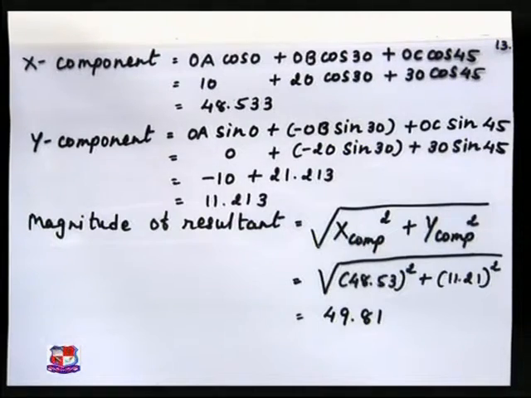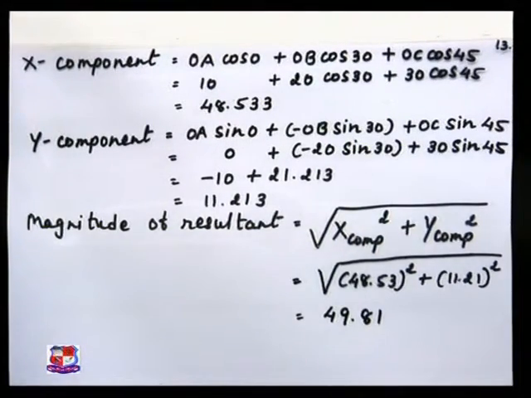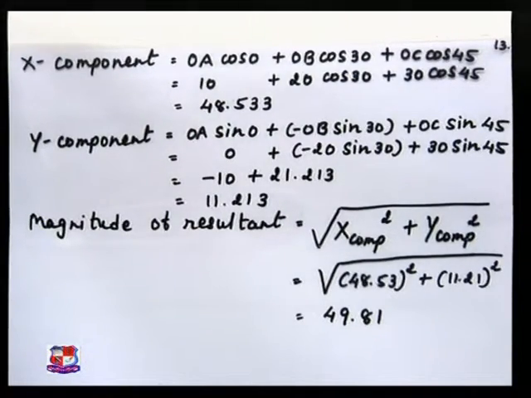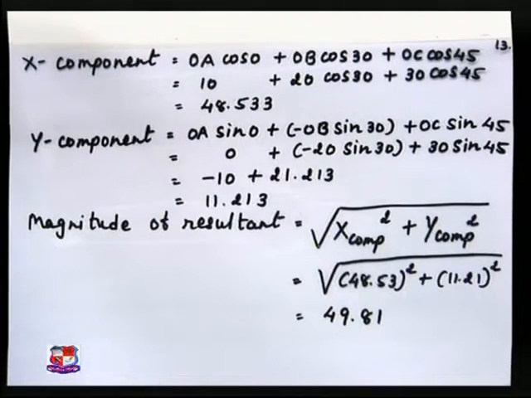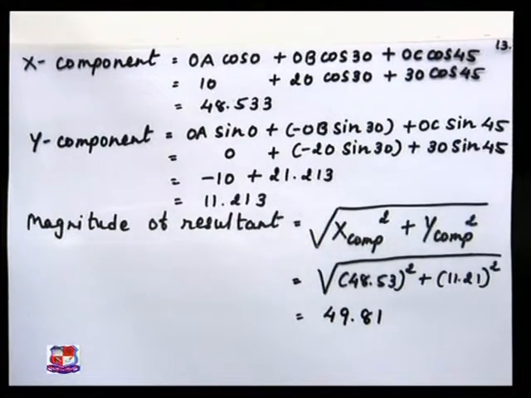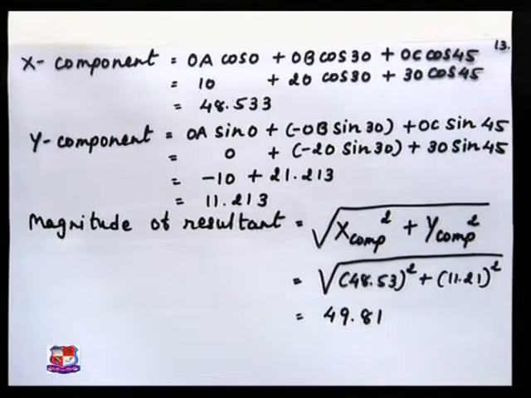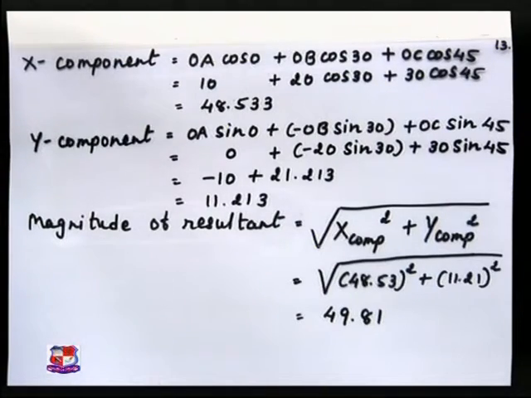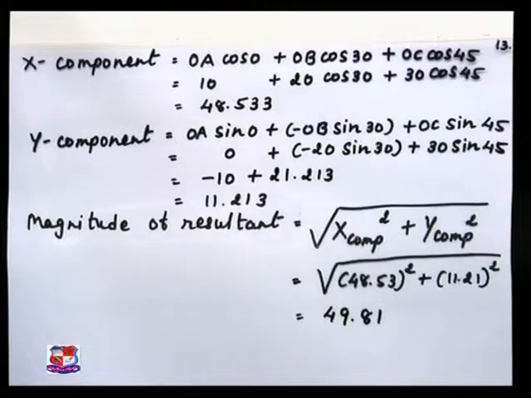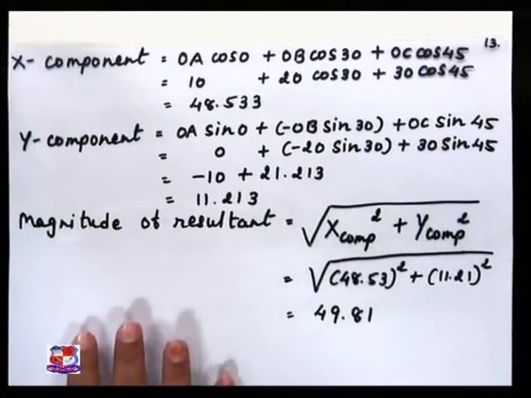In the same way, we find the y component for all three given quantities. The y component is the sine component of the given quantity. So first is OA sin 0, plus minus OB sin 30, because it is minus pi by 6, or lagging, plus OC sin 45.